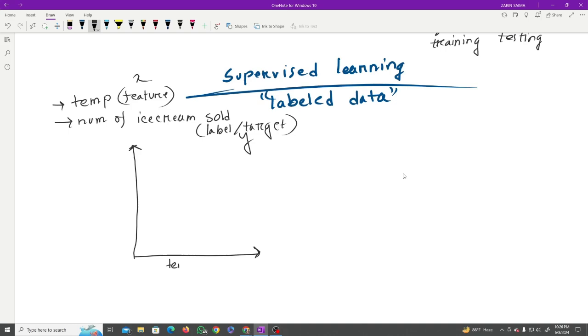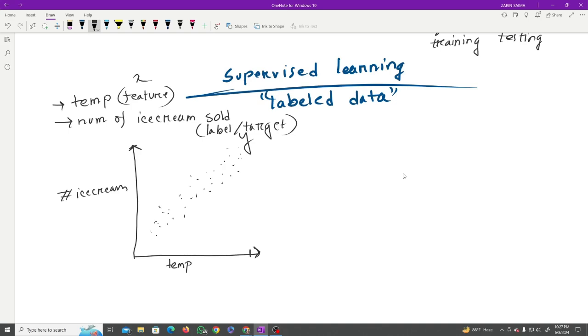So you have analyzed a lot, you got a lot of data. Suppose your data looks something like that. By looking at this graph, you can see when the temperature is high, the number of ice creams sold is also high, correct?